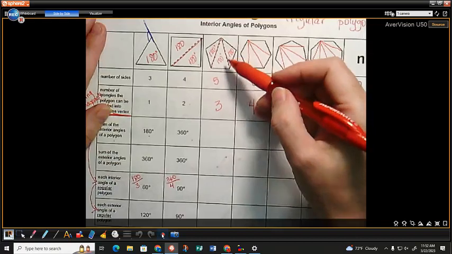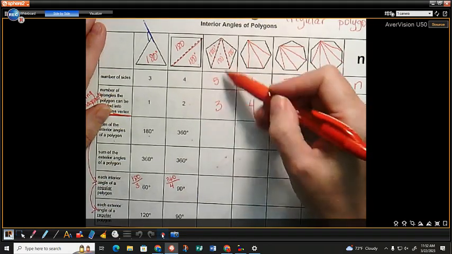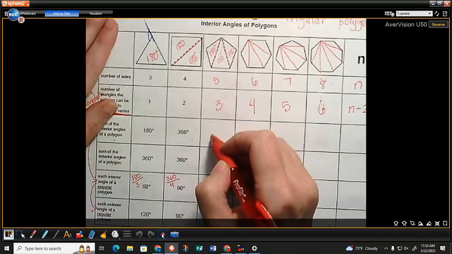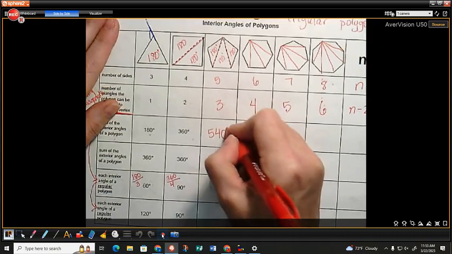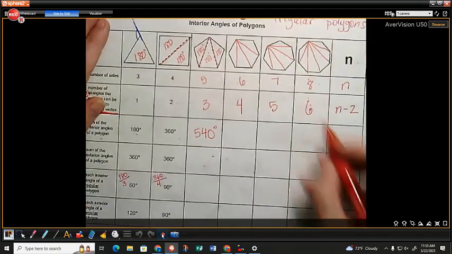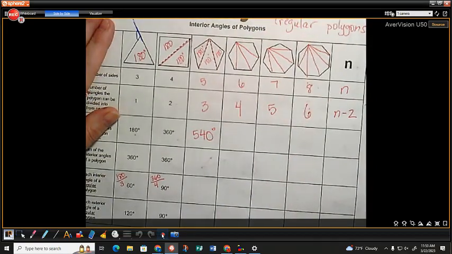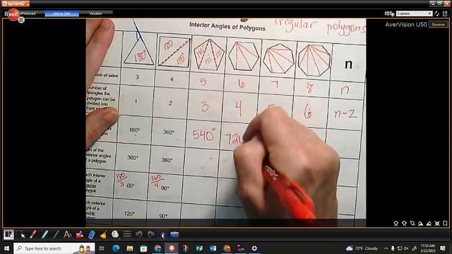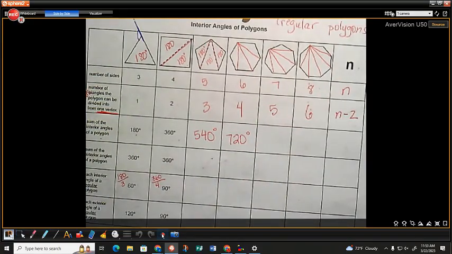For a pentagon, you've got three triangles that each have 180, so how many degrees total? 540 degrees. What about for the hexagon that's got four triangles inside it? 720 degrees. What about for the heptagon?